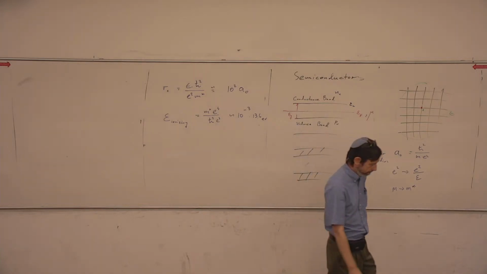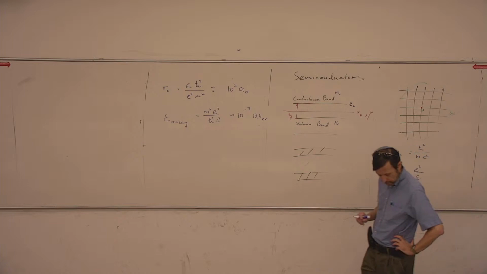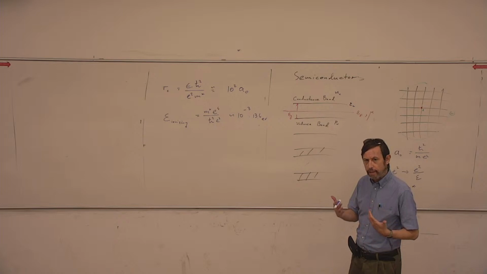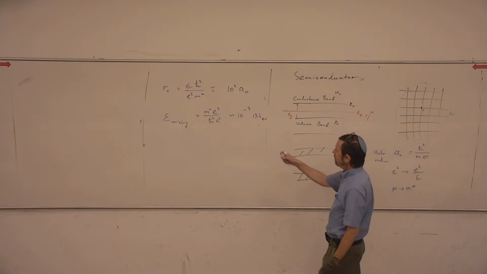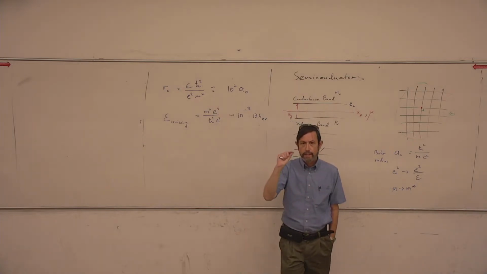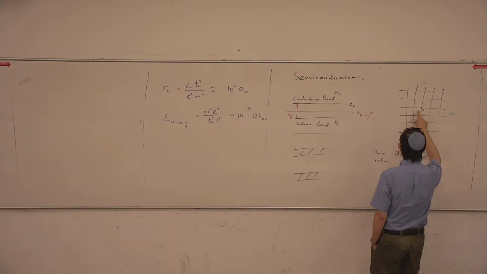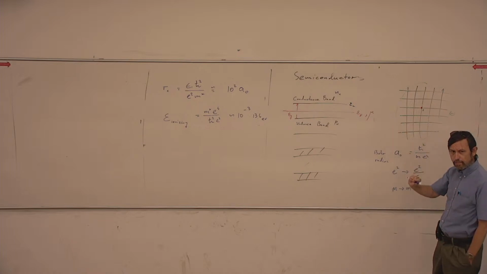So let's consider what this does. An impurity that contributes an electron is called a donor. What does it tell you? Basically, if I have an electron connected to this impurity, with a small change of energy I can make it a free electron.